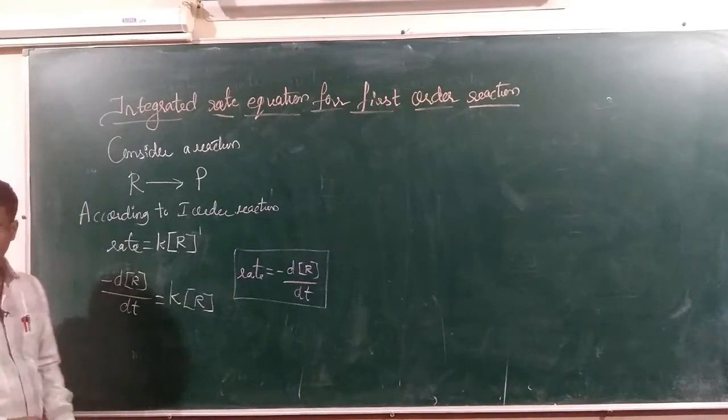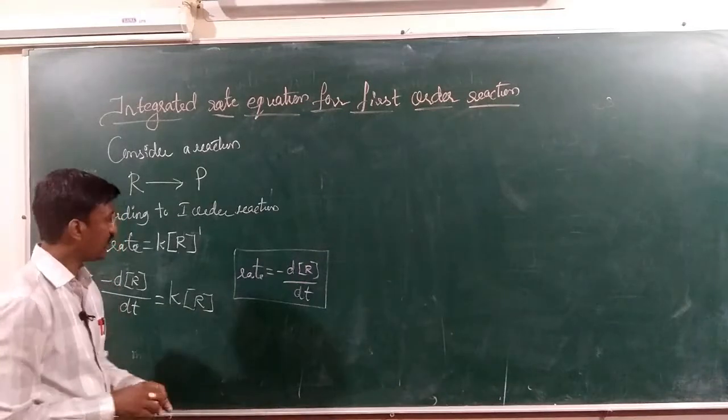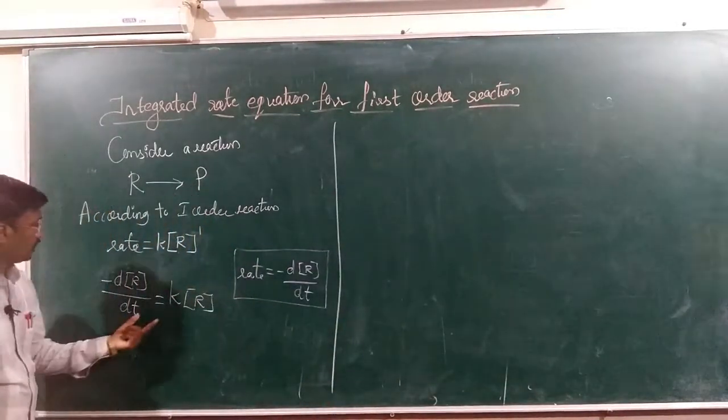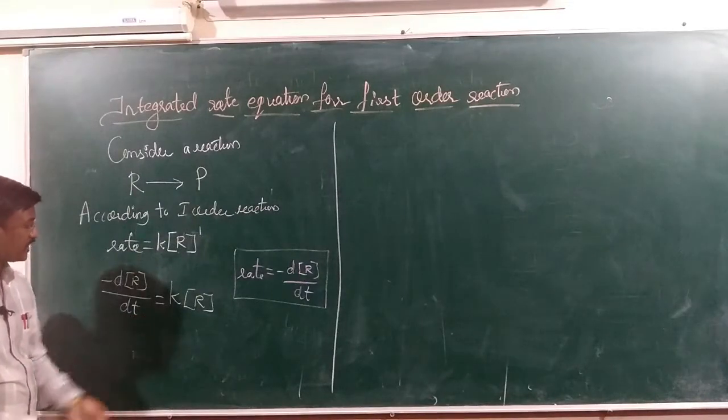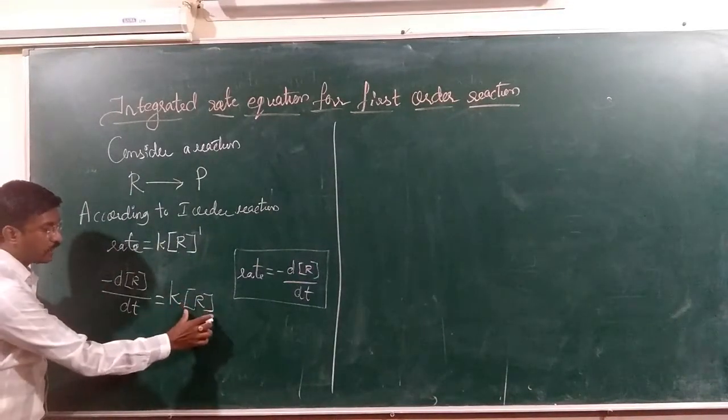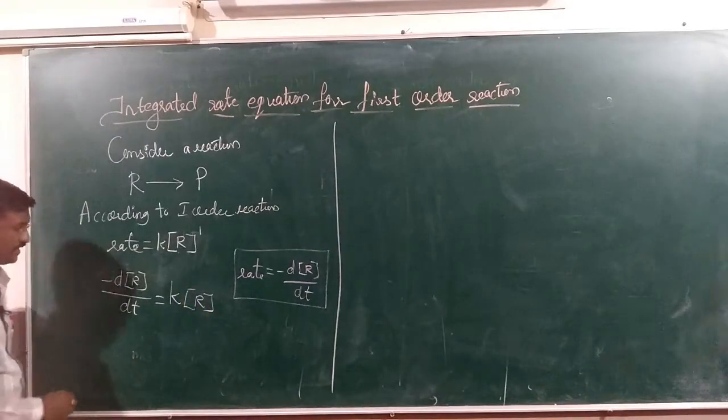So continuing with this expression, on rearranging the equation, we send dt to the right side and take R to the left side.